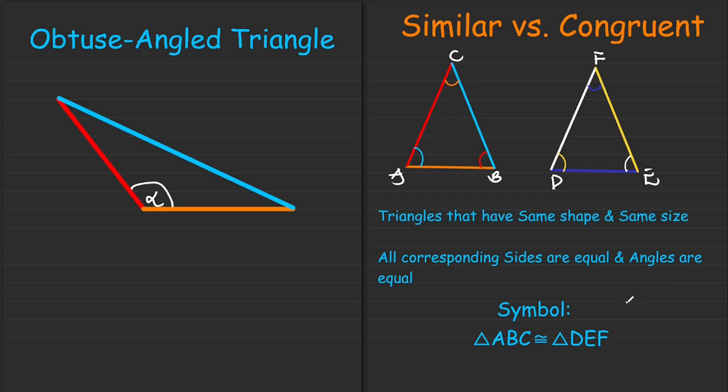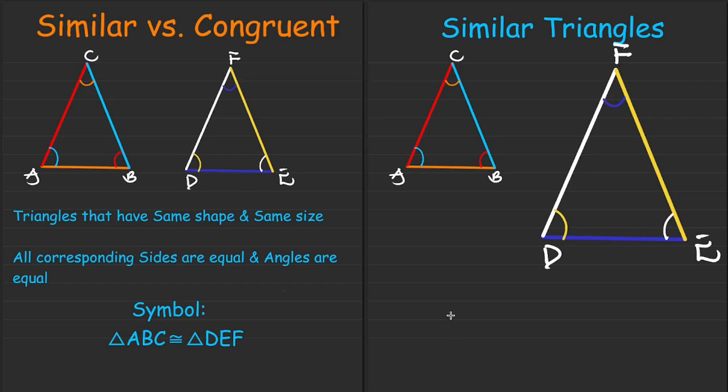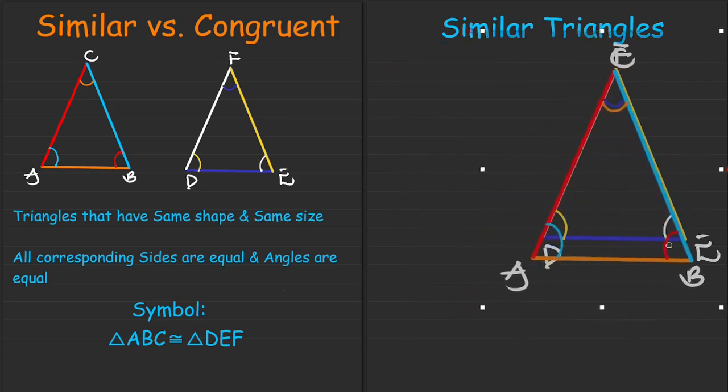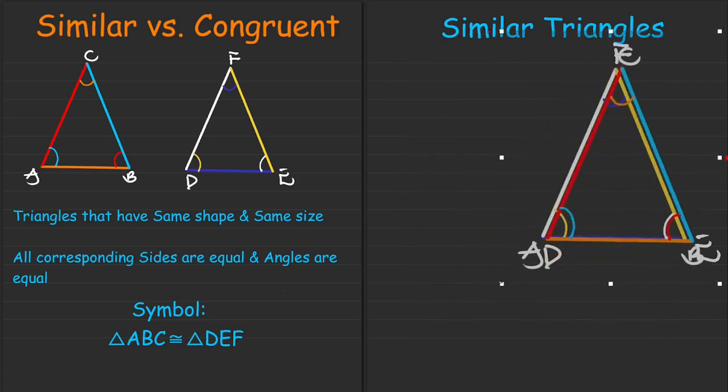Now let's look at two triangles that are said to be similar. Let's take a look at these two triangles once again, and you would realize that they're a bit different from the previous one. This looks bigger than this, you see. And if I take this smaller one and scale it, expanding it this way, you'd realize that it would fit perfectly into this.